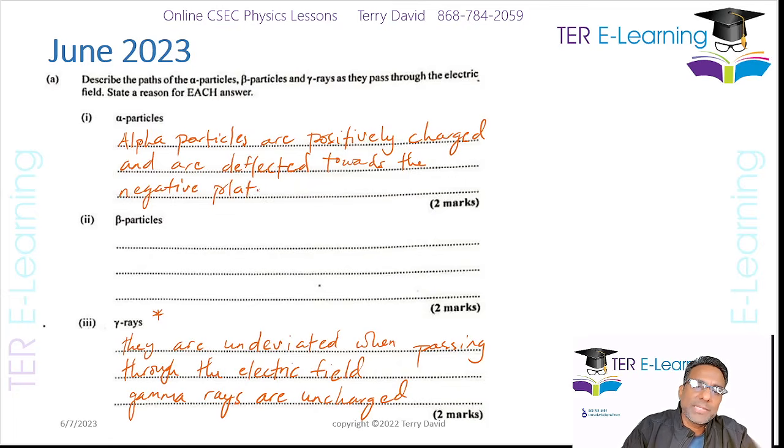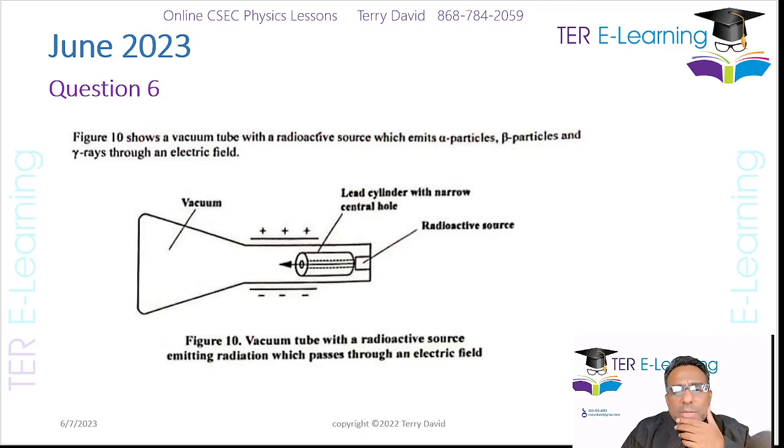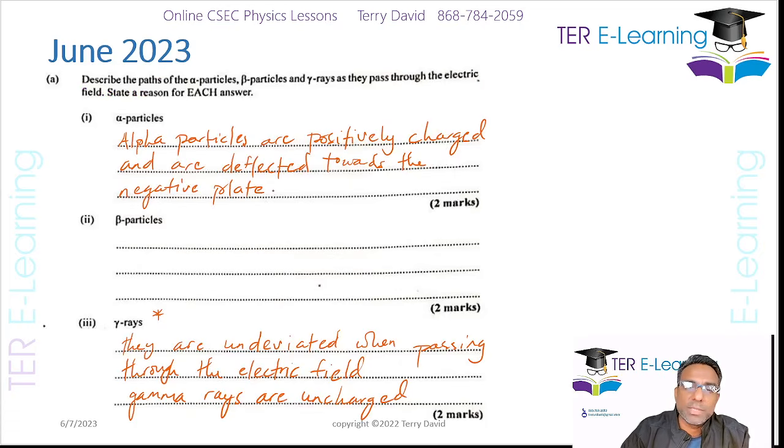When we say negative plate here, let's look at the diagram first of all. The negative plate is at the bottom, so the alpha particle is going to move downwards. So you're going to say downwards. The next thing here, beta particles. You're going to say beta particles are negatively charged.